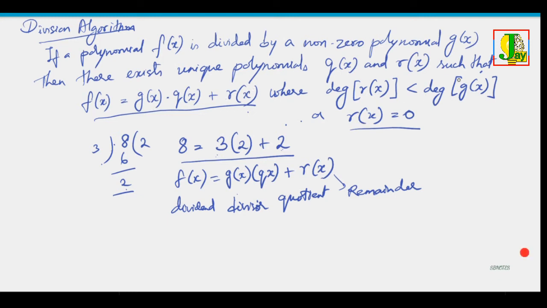Understood? So the degree of the divisor is always greater than the degree of the remainder, or the remainder can be 0, depending on whether the divisor g(x) is a factor of f(x) or not. It's that simple.